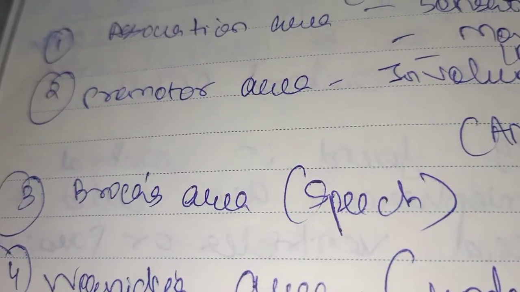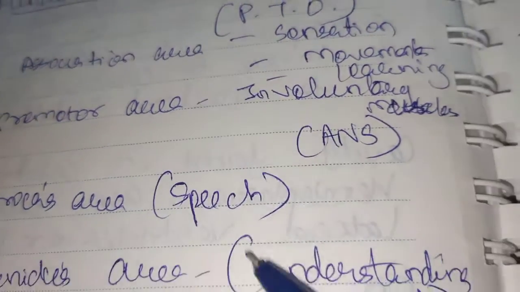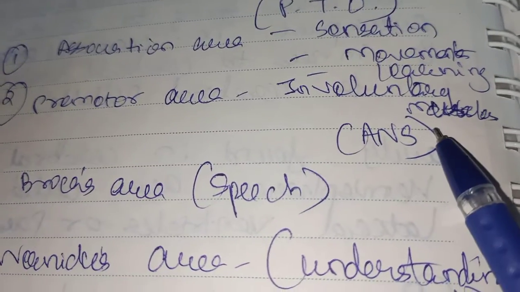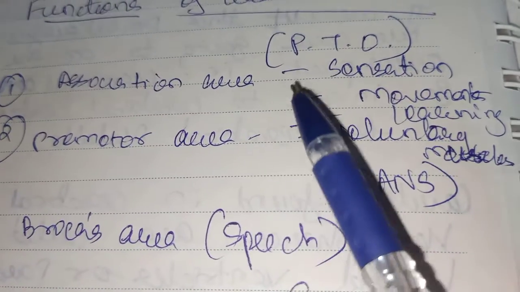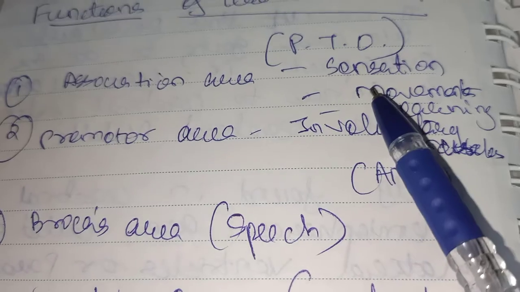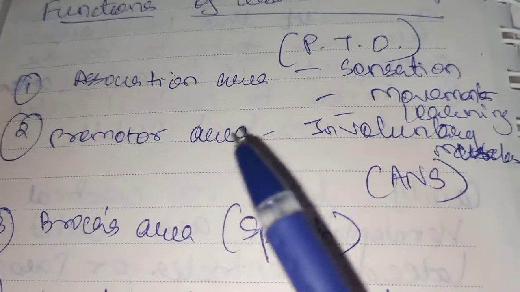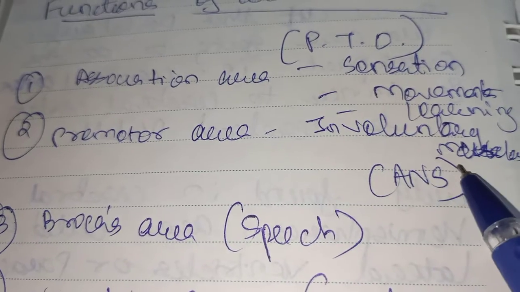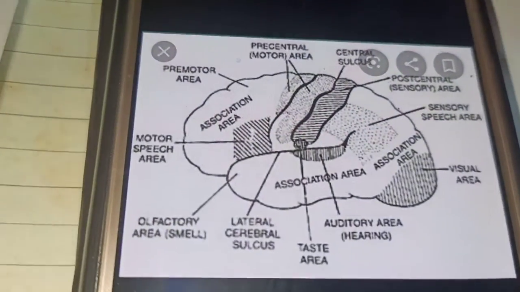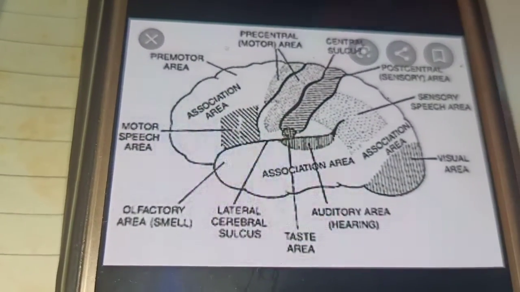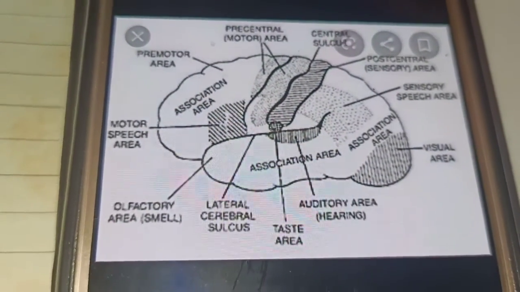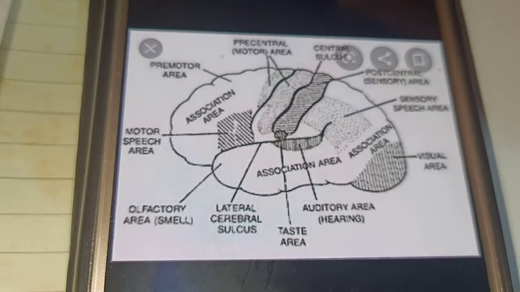Then there is the premotor area, which is involved in involuntary movements. Association area is required for sensation, movements and learning. Premotor area is for involuntary movements, that is, which are not in our control, and that is the autonomic nervous system.